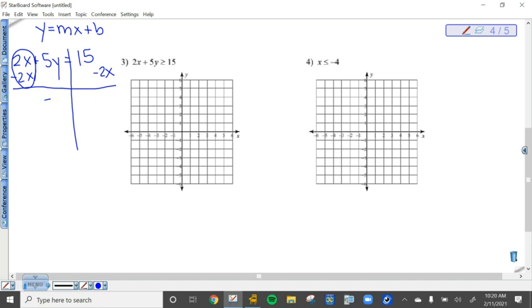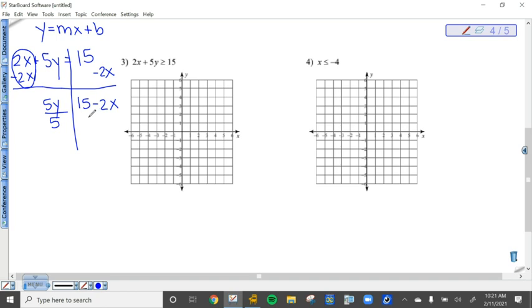So I'm left with 5y equals 15 minus 2x. Okay, now what do I have to do next to get y all by itself? Yeah, divide by 5. So I divide this side by 5.